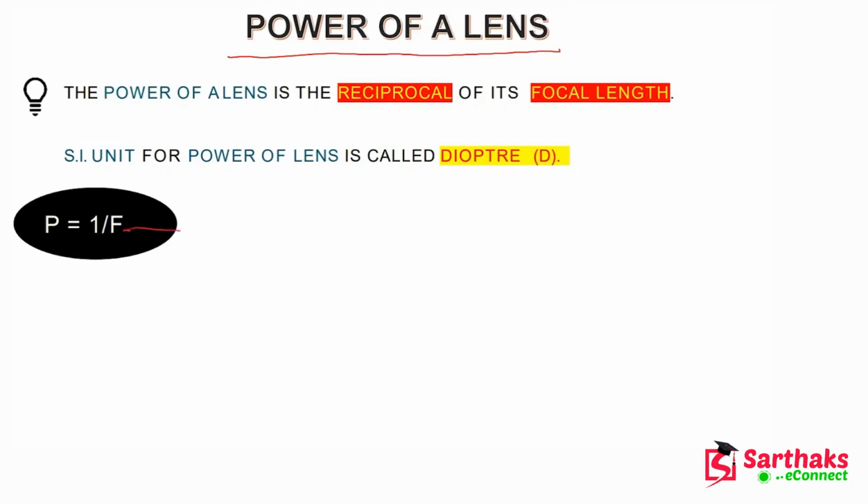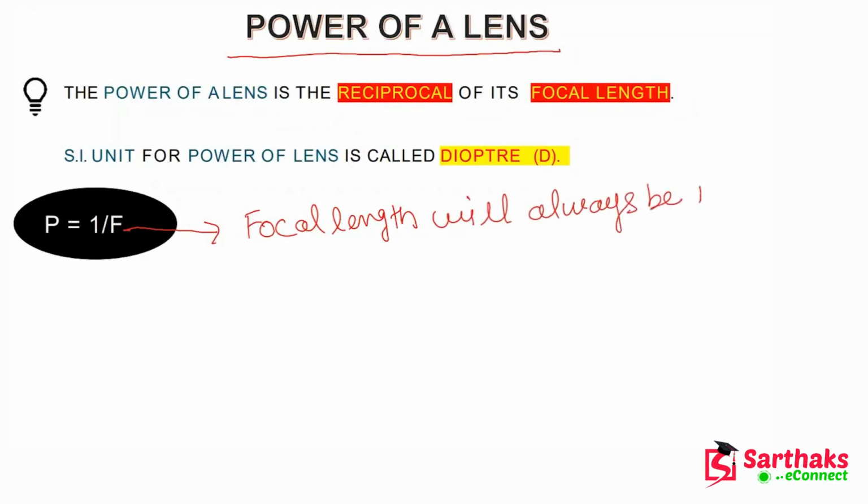But one thing is to be remembered, focal length will always be in meter. If it is not in meter, then first you have to convert it and then put it in this formula. Now let's move on to the next slide.